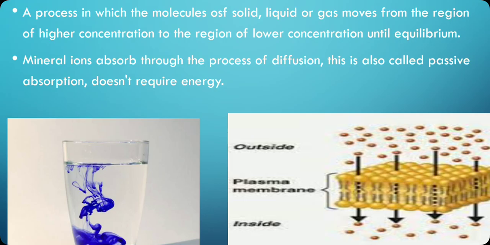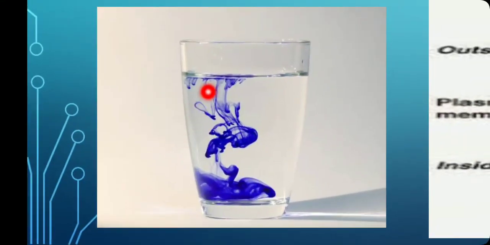Let me show you by a picture how it is. Consider that you have a glass, and some colored substance, colored powder or copper sulfate crystals, is put in it.